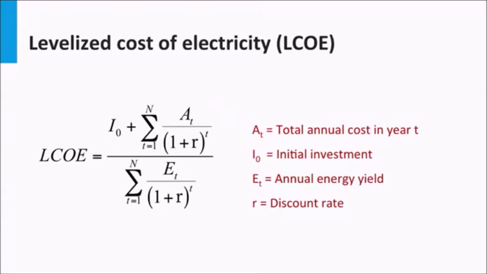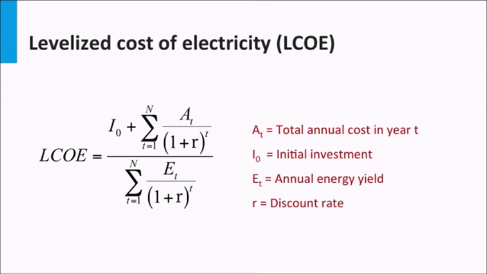The levelized cost of electricity calculation could get very complex depending on the various parameters considered. In the simplest of terms, if we know the annual PV yield for the system over its lifetime and the accompanying system cost, the levelized cost of electricity can be found out as shown by this formula.